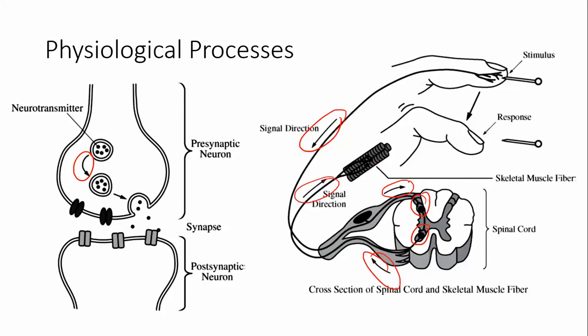Now, you guys are probably not going to know all of these details off the top of your head because we're not going to be covering reflexes. But you should at least be able to tell basically that you've got information moving in a certain direction, and you should be able to trace the direction that information is moving. In the diagram on the left, you may not know what a neurotransmitter is.